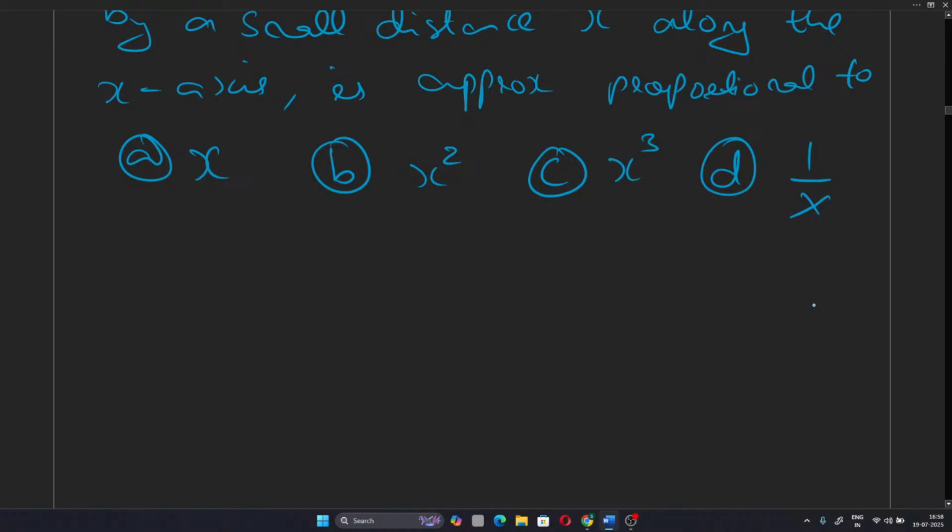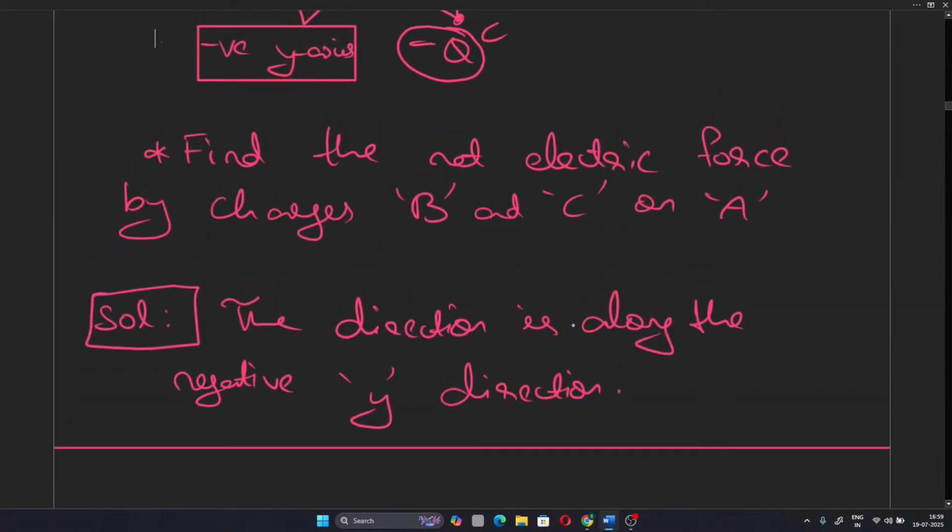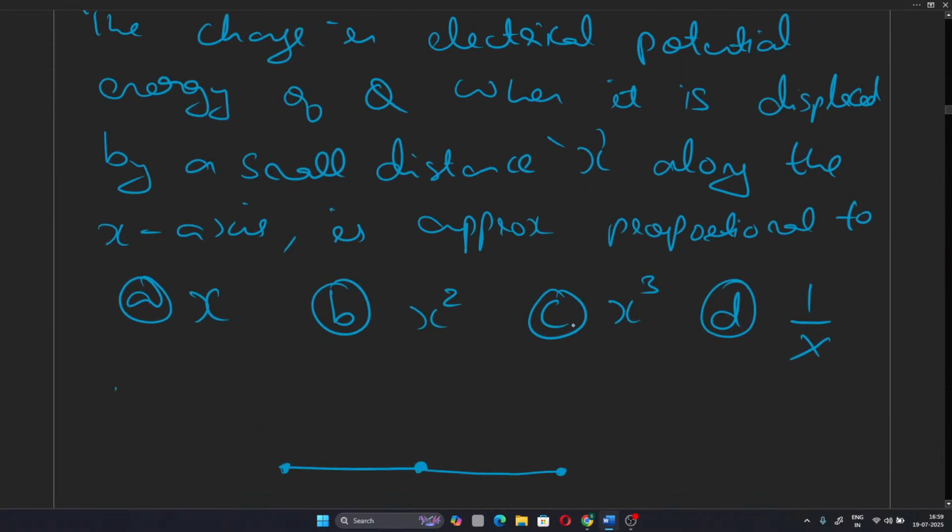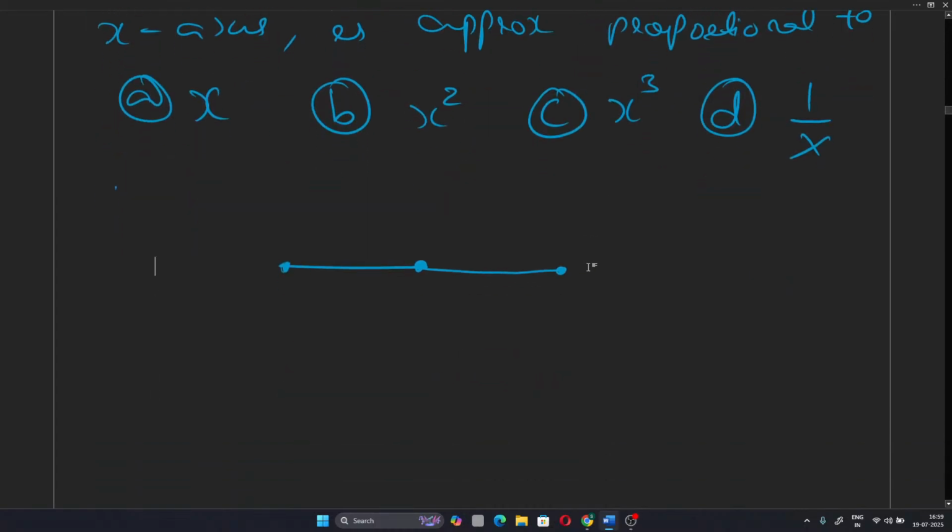Now they are asking us to find the change in potential, not potential but potential energy. This is the diagram.